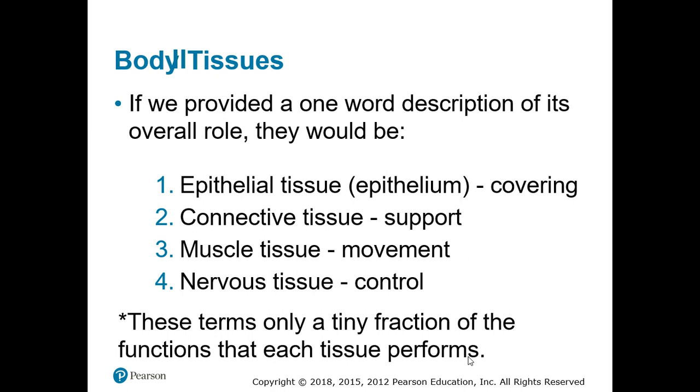These provide support for the body. You will find bone in this category. Third is muscle tissue. This is used for movement. And last but not least is nervous tissue for control. These terms are one-word descriptions that help describe its role, but remember, this is only a tiny fraction of functions that these tissues provide the body.